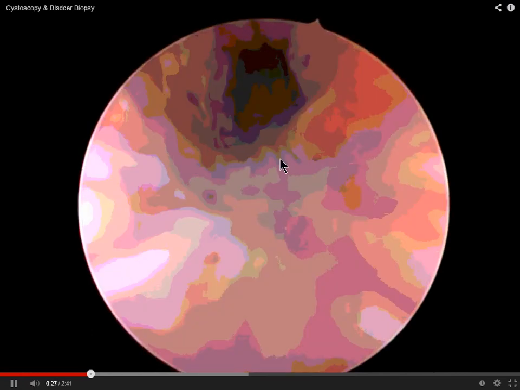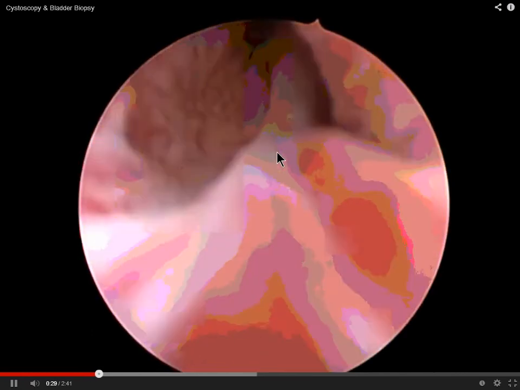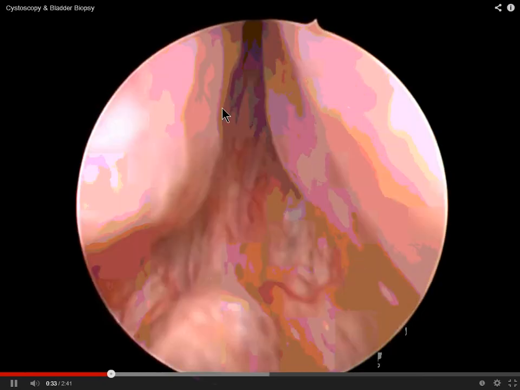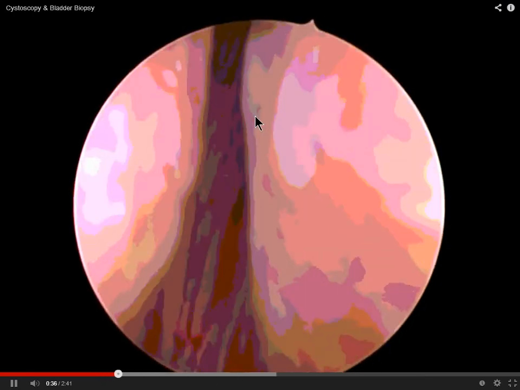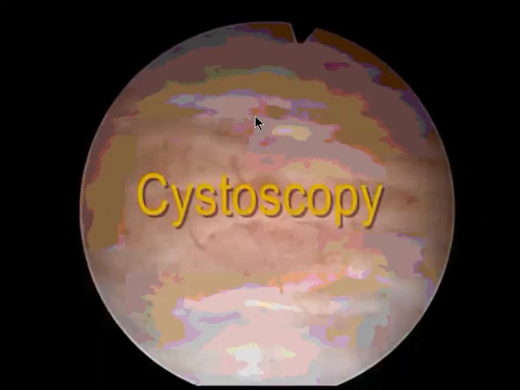In the part where it's going through the prostate gland, there's a little ridge here. And now this is the neck of the bladder. And then you're in the bladder.